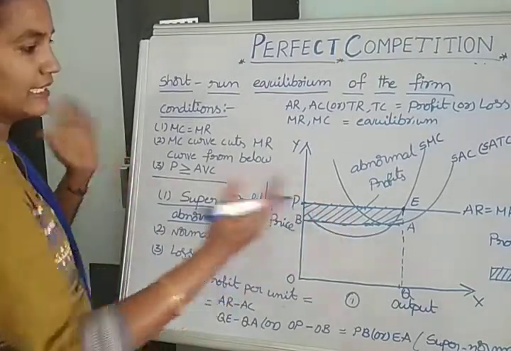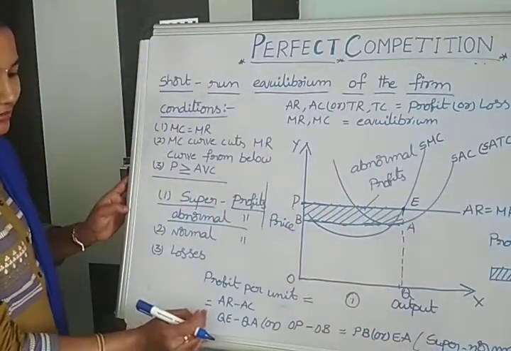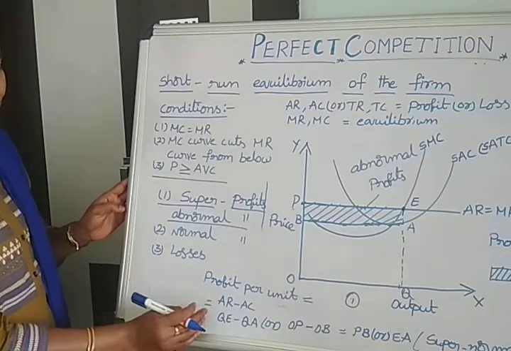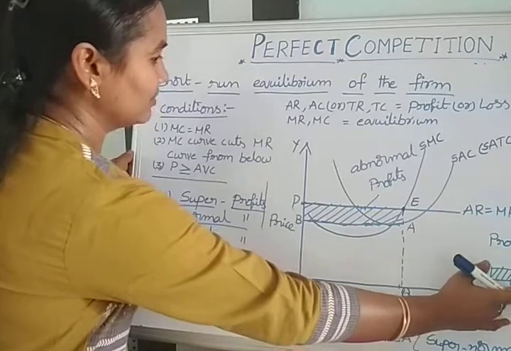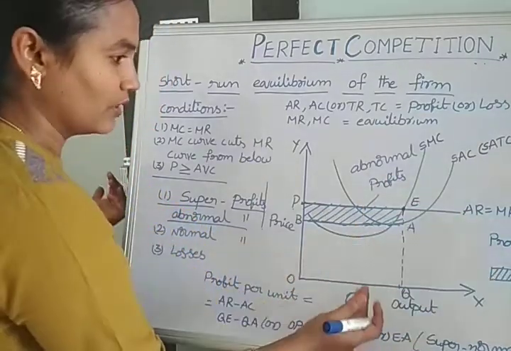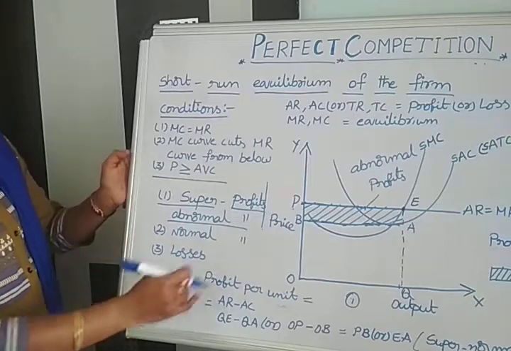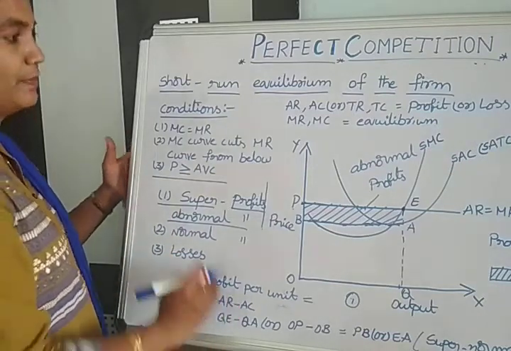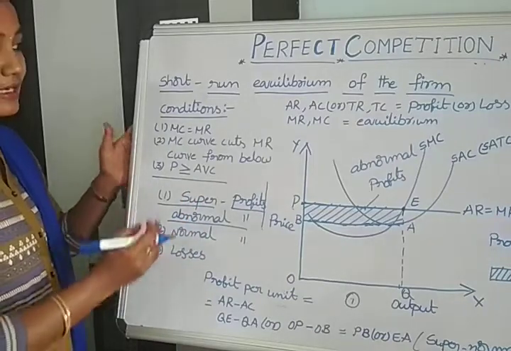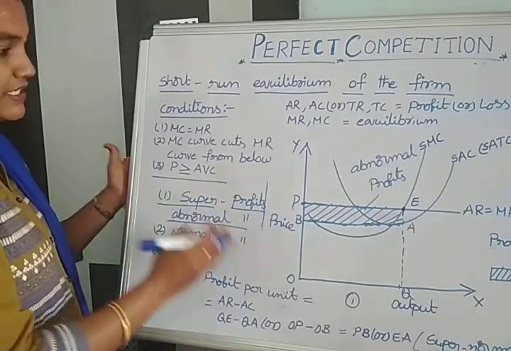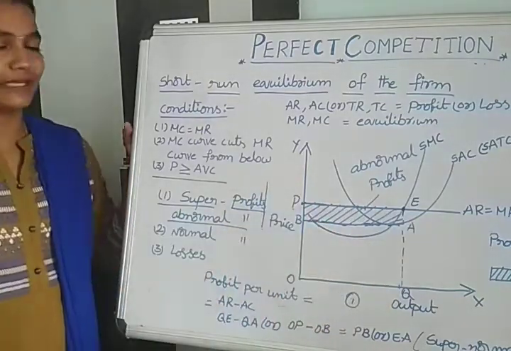Then we analyze, using this formula, how much they are getting, and whether the firm is getting profit or not. Profit per unit we can also find using this formula. So based on this we say that in the short run, firms get supernormal profits. On the basis of this diagram we clearly say so.